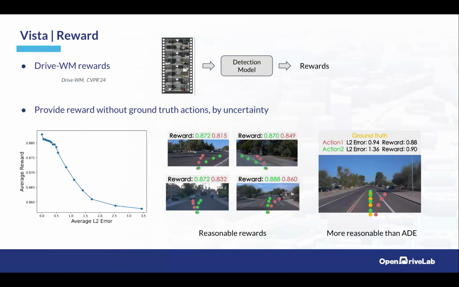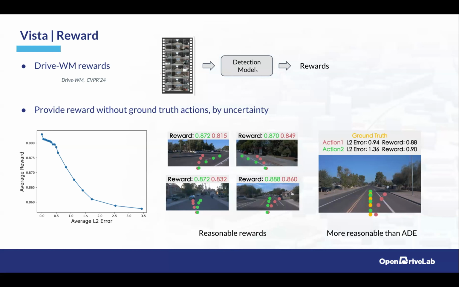So for now, this is the world model part, and we now want to see how it can be applied to the traditional reward pipeline. From previous works like Drive-WM and Drive into the Future, they get the reward from a detection model. They predict the future and use detection models such as object detection and map detection to perceive the world, and they calculate the collision rate or distance to the boundaries to get the final rewards.